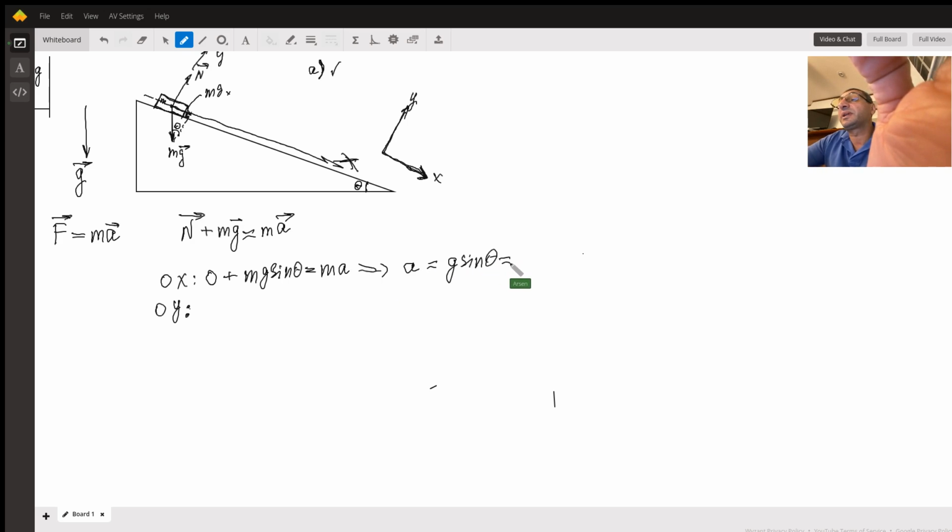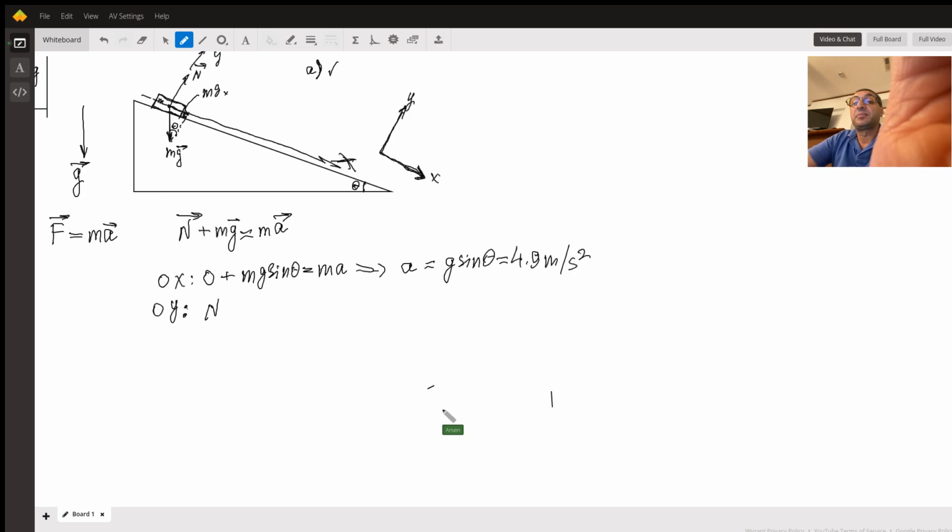So here we plug in numbers and we get 4.9 meters per second squared. In the OY direction, it will be N minus mg cosine theta equals m times, no acceleration in the y direction, right?